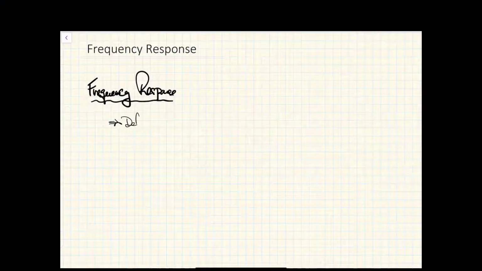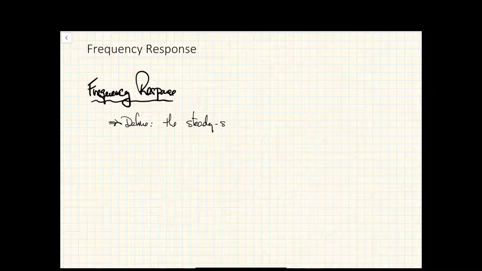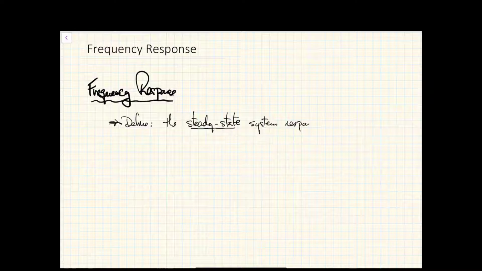Frequency response, we're going to define it here. It is the steady state system response to a sinusoidal input.